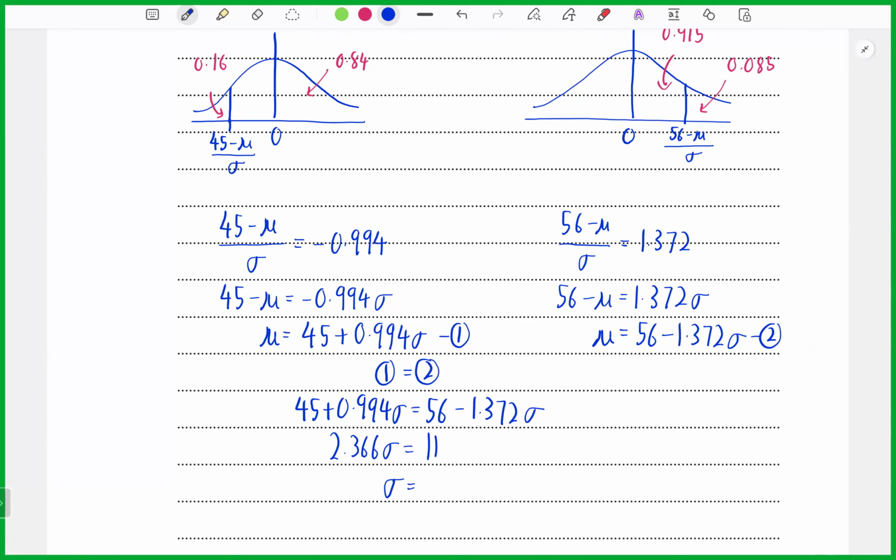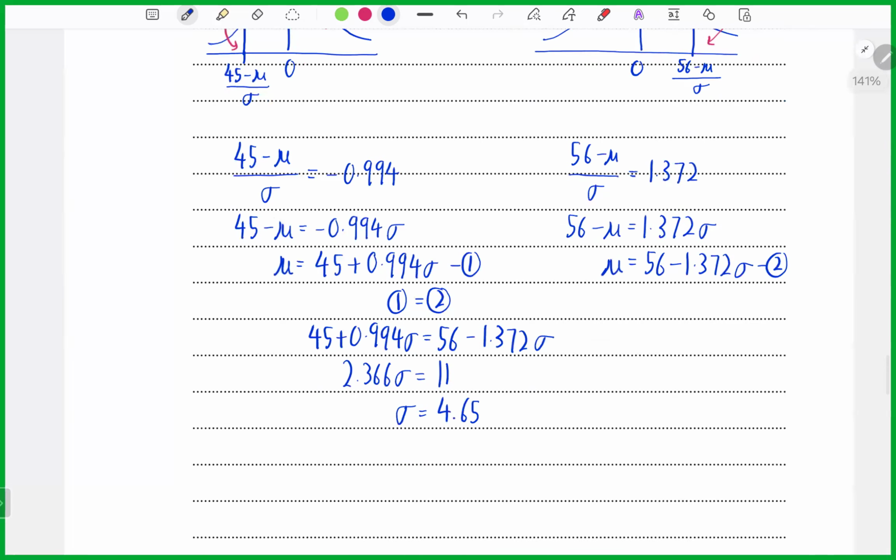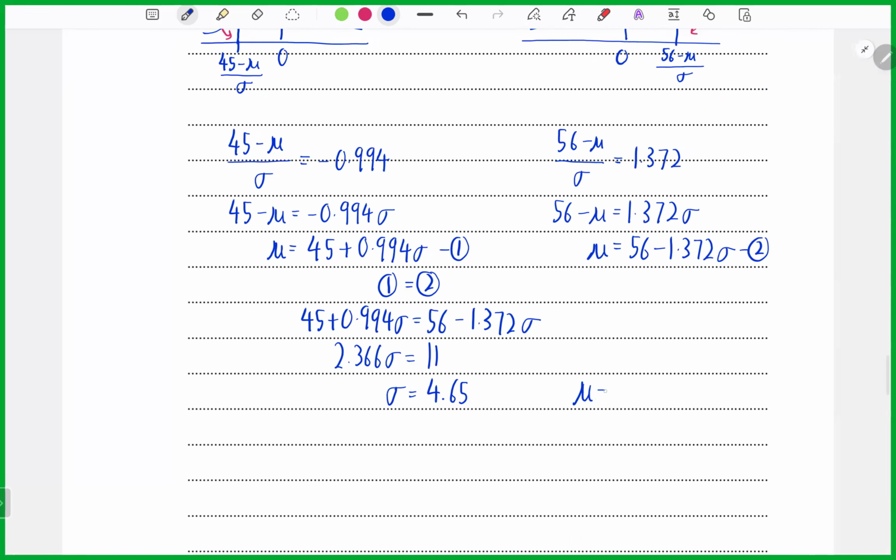So for the standard deviation, you will get 4.65. Now you can find the mean. I take 45 plus 0.994 bracket 4.65, which is 49.6.